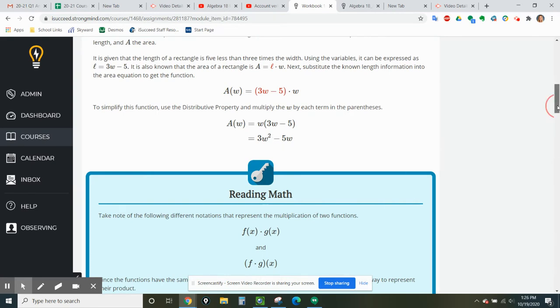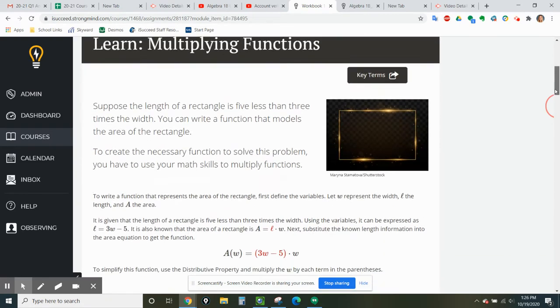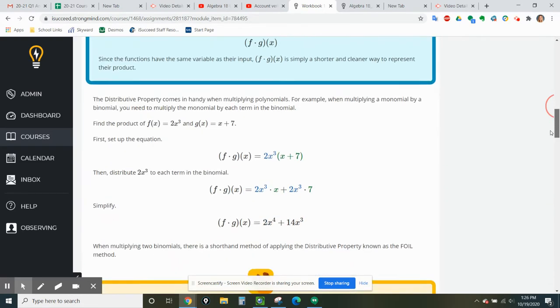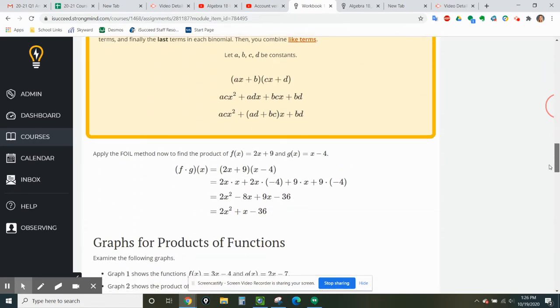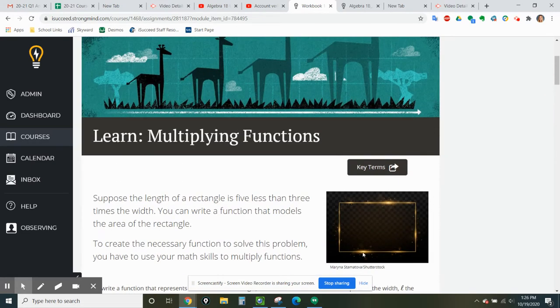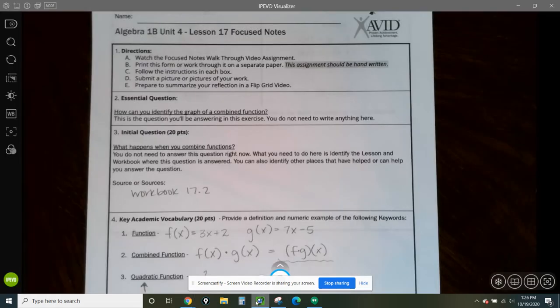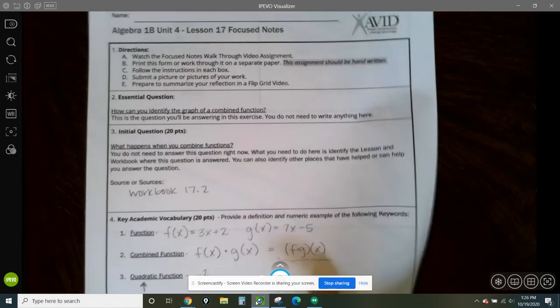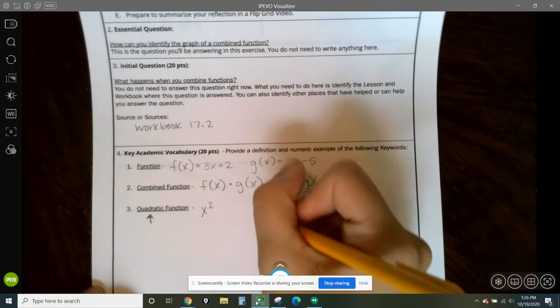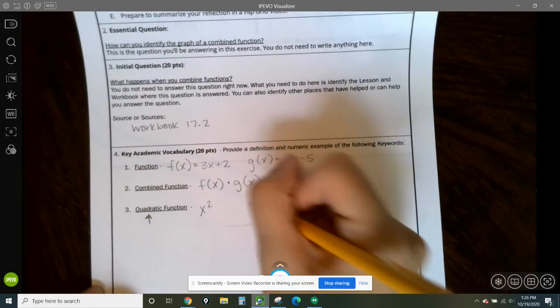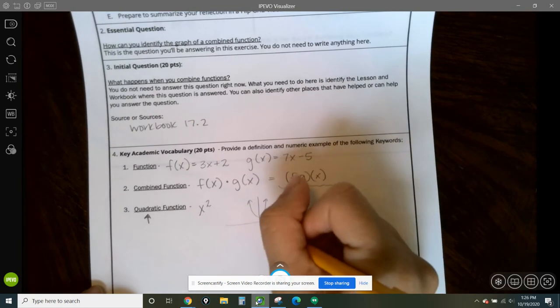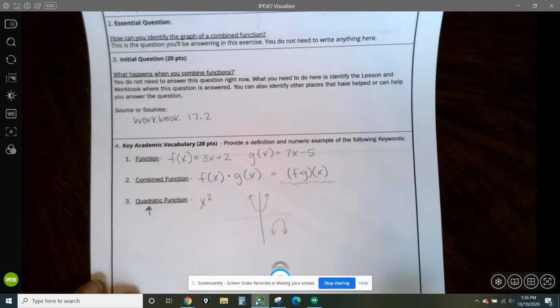I think the previous lessons are where it actually gives you the definition for quadratic function, but hopefully you're familiar with that by this point because we have been working with quadratics for a while. Quadratics means that it has an x squared. The graph would end up looking like a parabola. You should have seen some of these graphs now. It could be the other way as well. So that's what the graphs end up looking like.